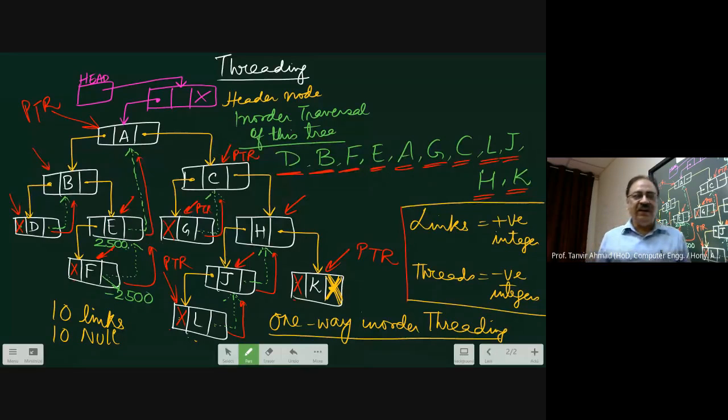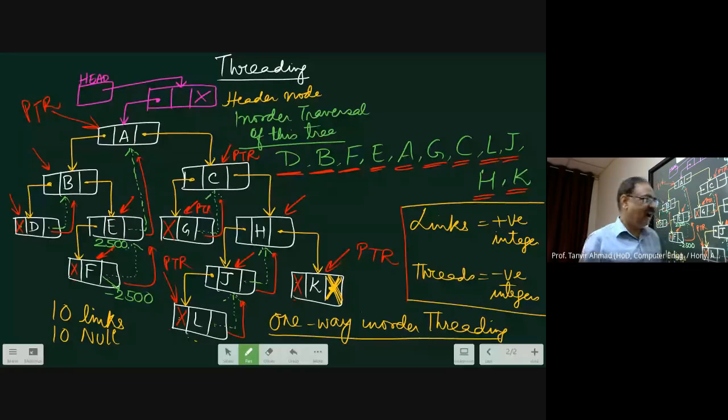It will contain only two null pointers: the predecessor for D and the successor for K. There is nothing after K and nothing before D. Therefore, there will be two nulls.